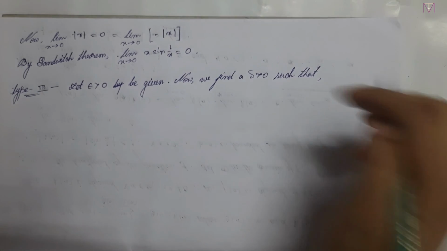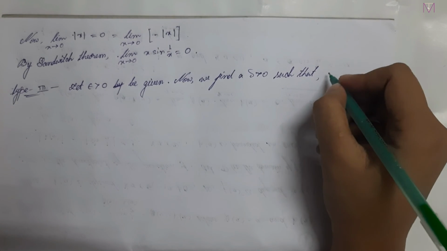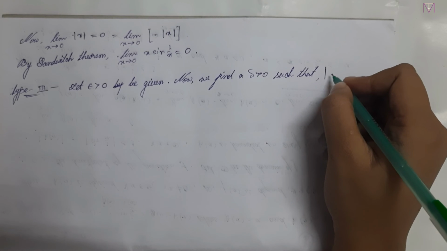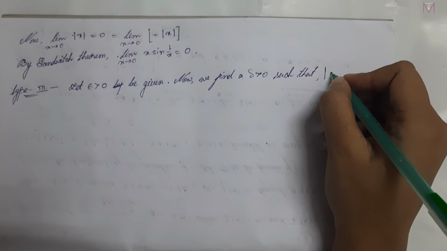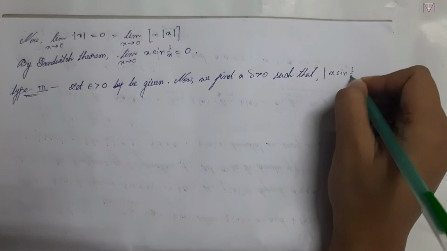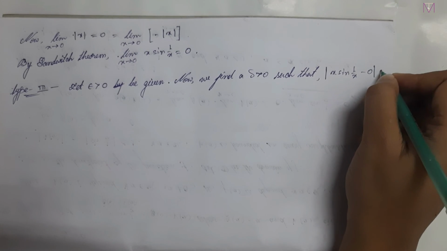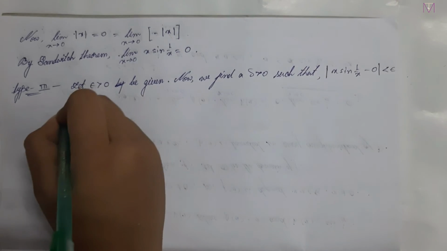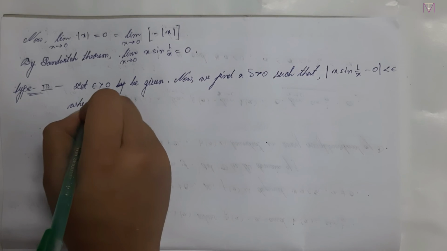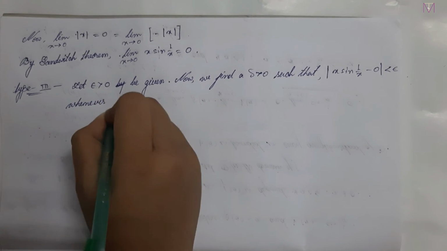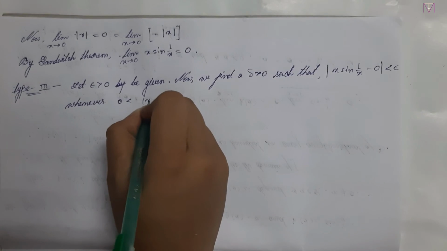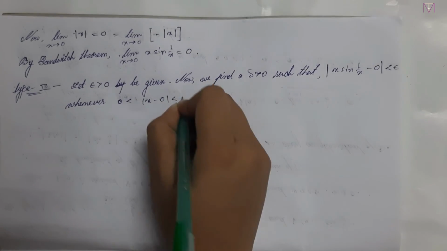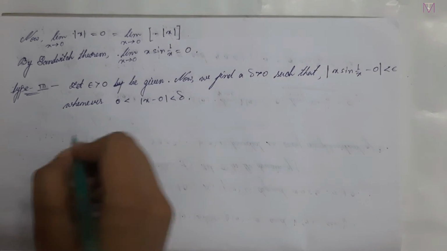what is mod of f(x) minus L? So what is your mod f(x)? Mod of x sin 1 by x minus 0 less than epsilon whenever 0 less than mod of x minus a, that is 0 less than delta.